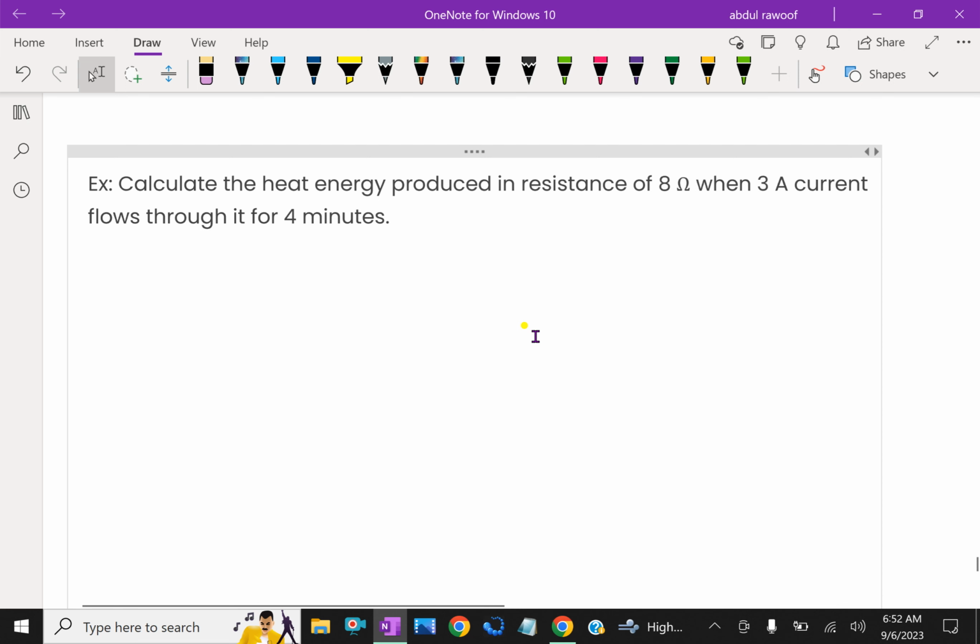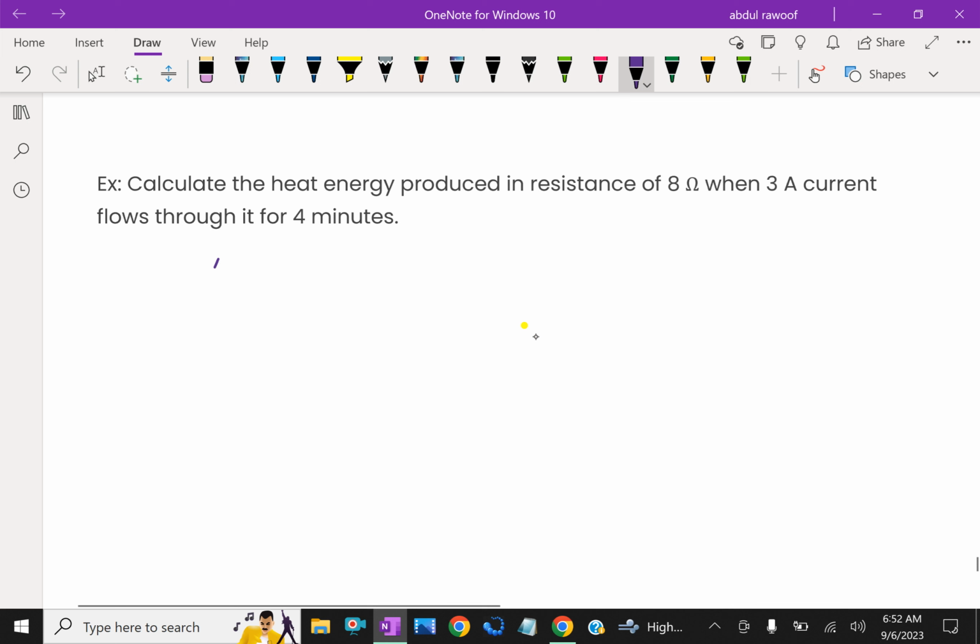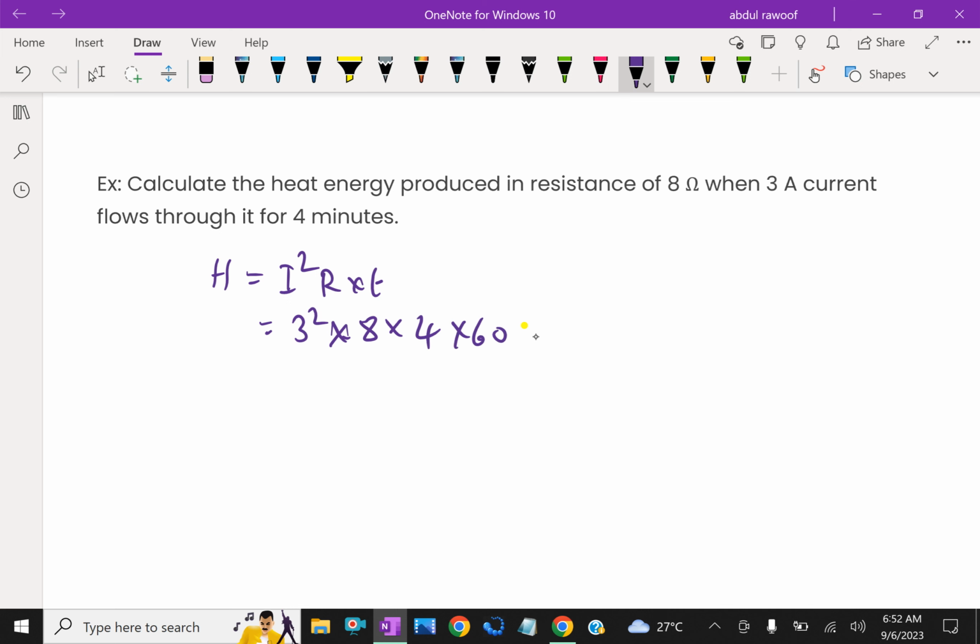Here heat energy H equals I squared R T. I is current 3 ampere, that is 3 squared, resistance is 8 ohm, and time 4 minutes is 4 into 60 seconds.